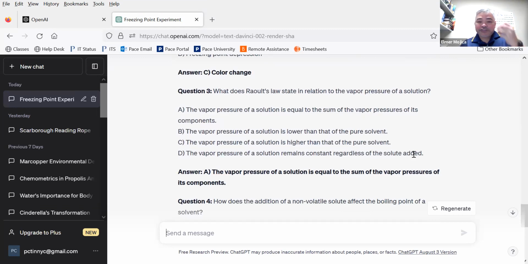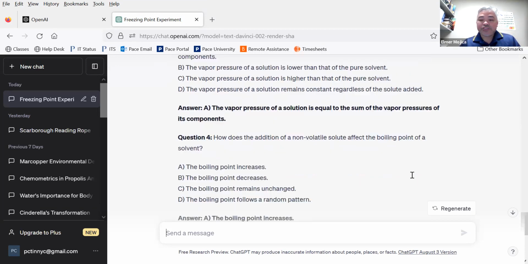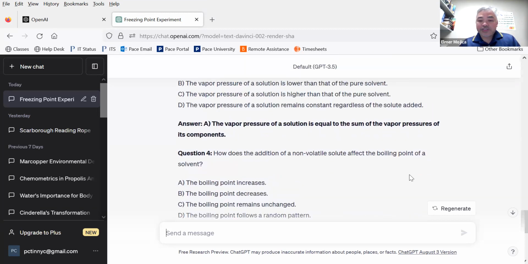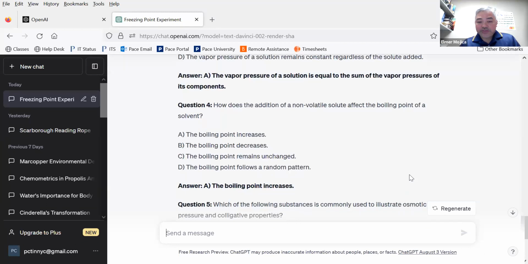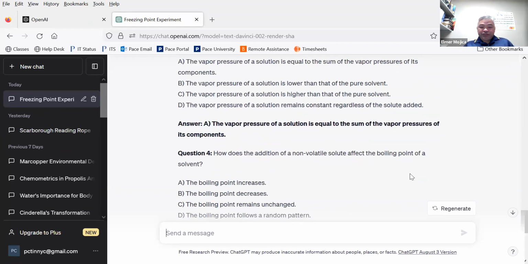What does Raoult's law state in relation to the vapor pressure? Raoult's law is only applicable to an ideal solution. Usually the vapor pressure of a solution is equal to the sum of the vapor pressures of its components. And then, how does the addition of a non-volatile solute affect the boiling point of the solution?